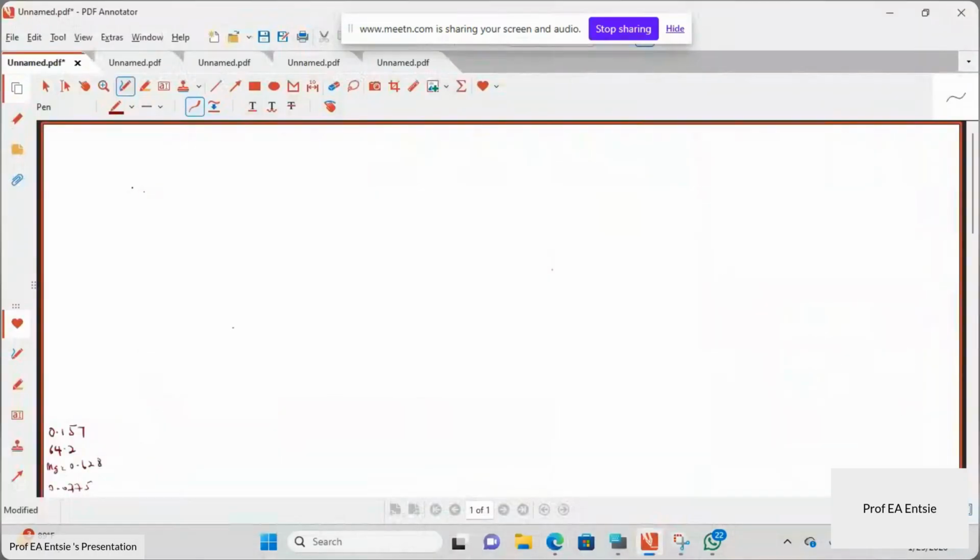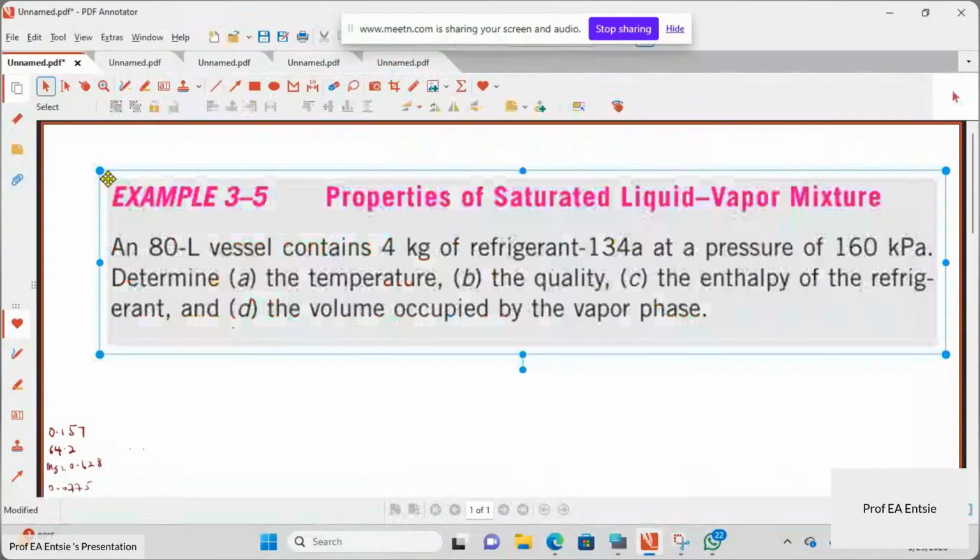An 80-liter vessel contains 4 kilograms of refrigerant 134A. It's a specific type of fluid we use in refrigerators, what we call a working fluid. So it's a 134A refrigerant at a pressure of 160 kilopascal.